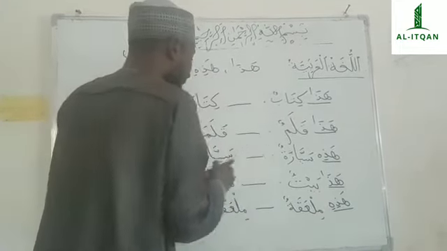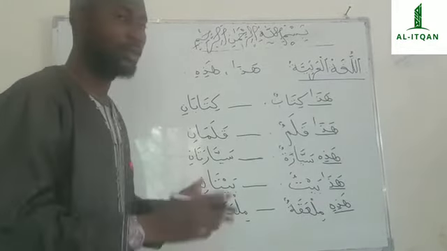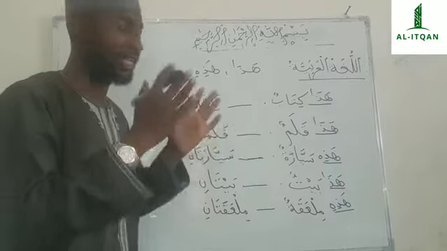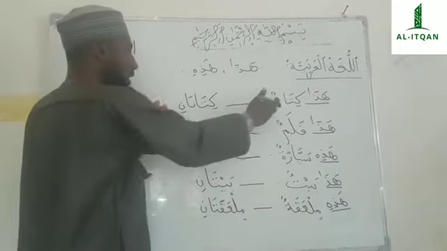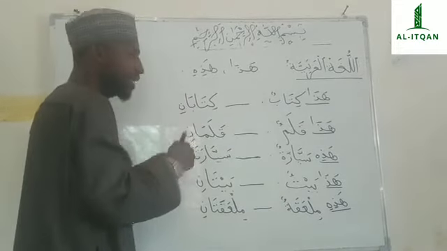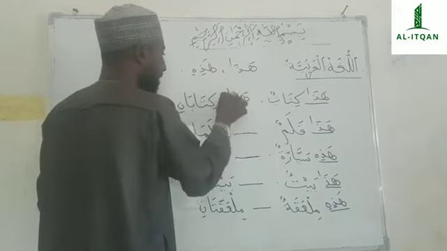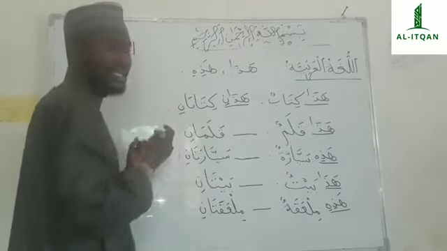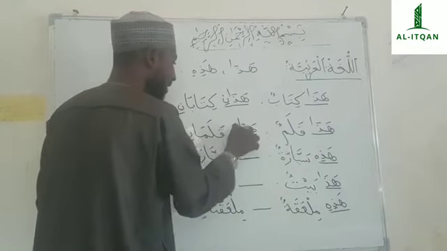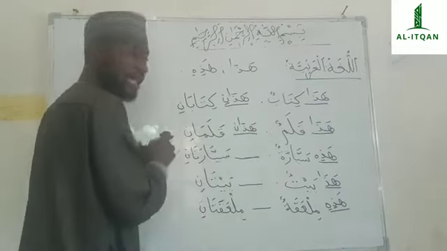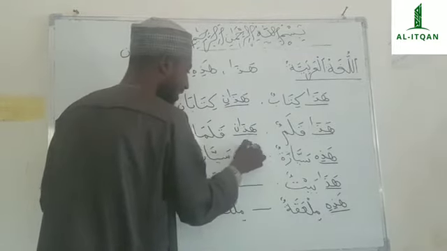Now, as we are changing the noun from singular to dual, we will be changing our demonstrative pronouns from singular to dual. If you study the chart very well, where we wrote musanna, we said that hada will change since this noun is changing to kitabani. This one too will be what? Hadani kitabani. This one too will be what? Hadani qalamani. This one too will be what? Hatani sayyaratani.